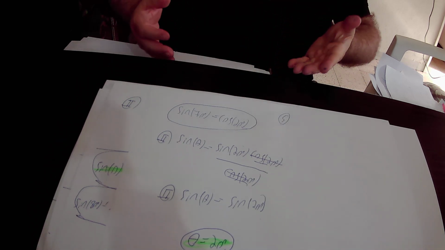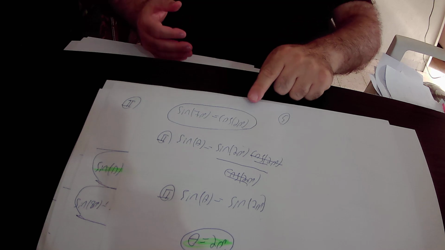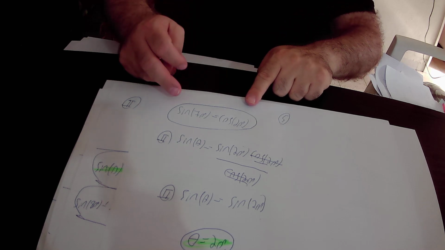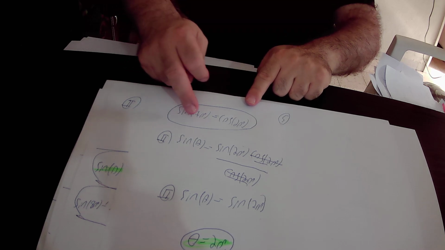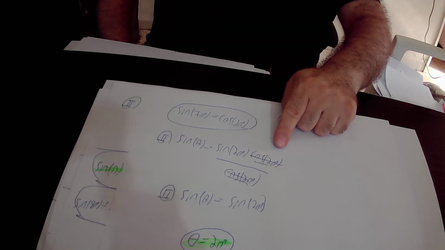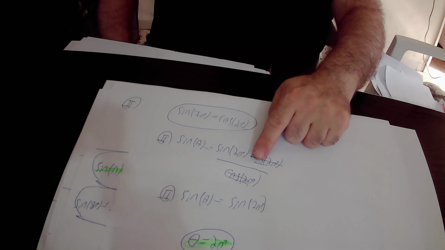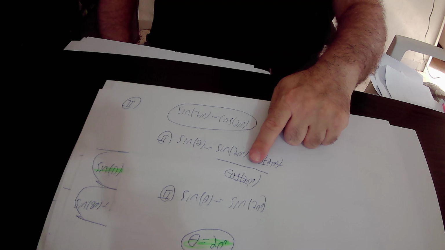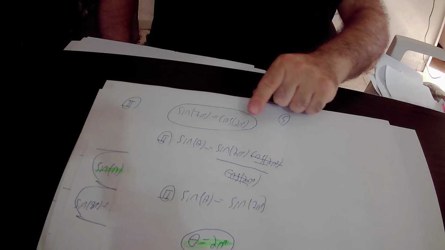So we can substitute sin 70 degrees by cos 20 degrees in equation number 2, and we get that sin theta equals sin 20 degrees times cos 20 degrees over cos 20 degrees.